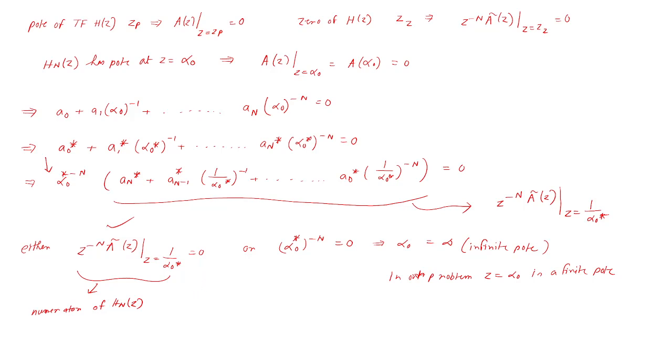Now your numerator polynomial evaluated at a certain z is going to 0, that means your Hz evaluated at that z is going to be 0. That is, Hn of z evaluated at z equal to 1 over alpha naught star is equal to 0. This implies the zero of Hz.